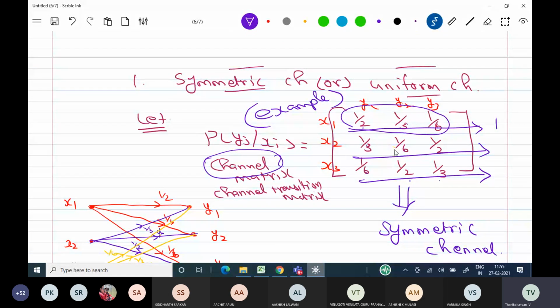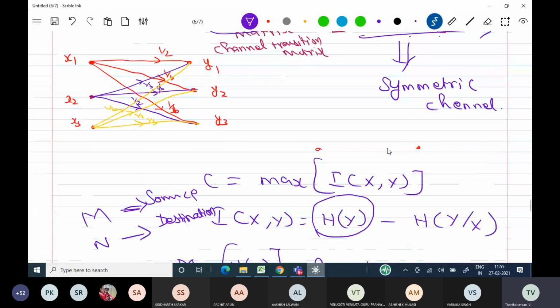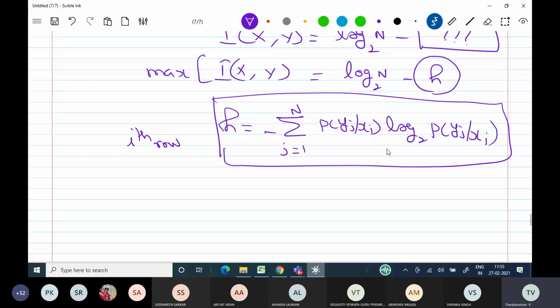For example, I have given 3 rows, 3 input symbols. Practically it may be anything. So you note this down. What is the formula for channel capacity of a symmetric channel?